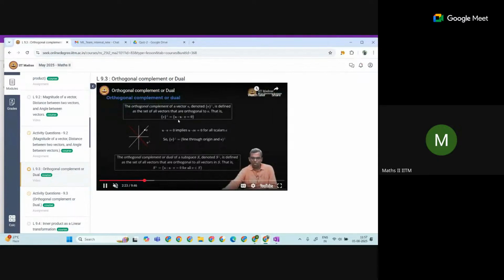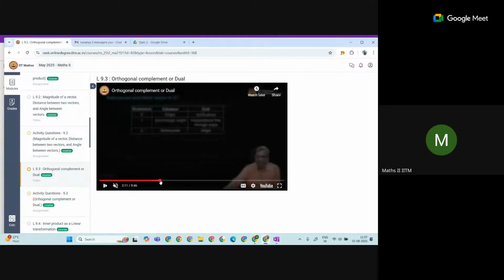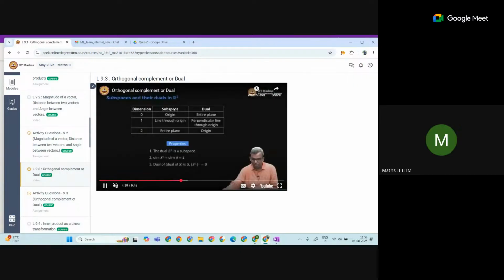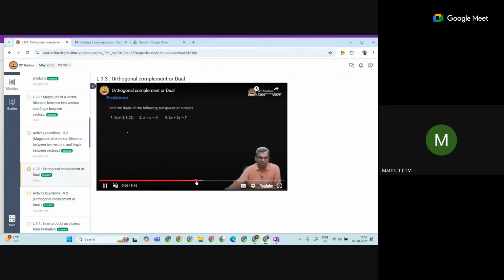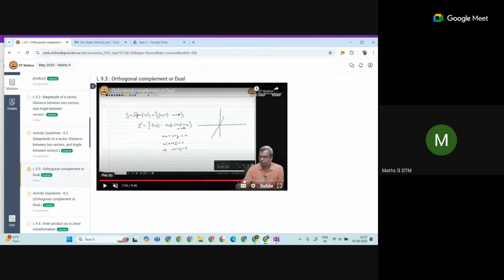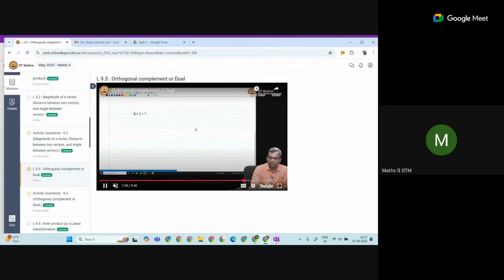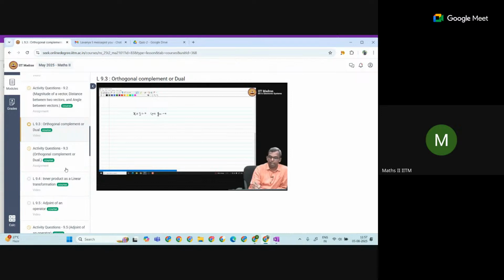Orthogonal complement is defined like a set, and orthogonal means a vector which is orthogonal to another. This is a subspace. And now he started telling you with the example. Okay, this is what it is.